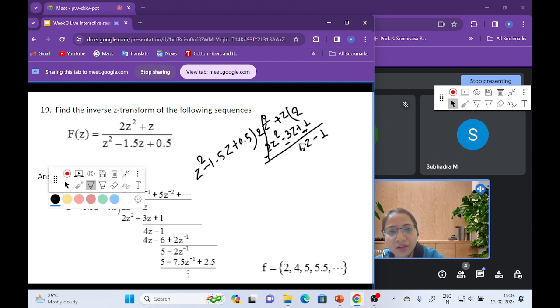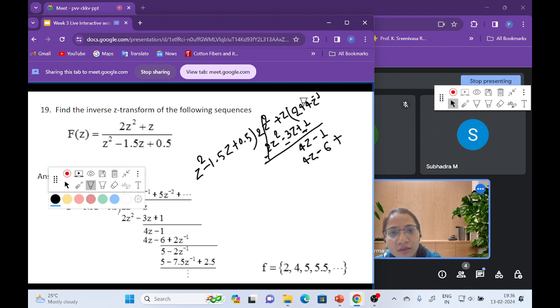So what will be the next term? Here 4 is there. To cancel it out, we have to multiply by 4 z inverse. When you multiply, it becomes 4z minus 4 times 1.5, which is 6. The z and z inverse cancel out, only 6 is there.